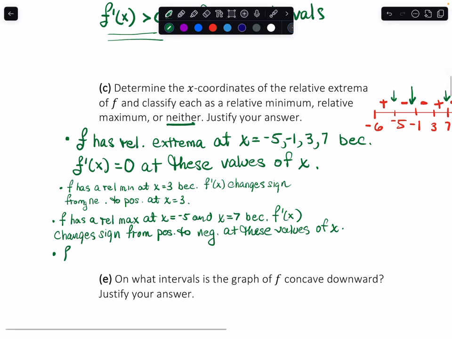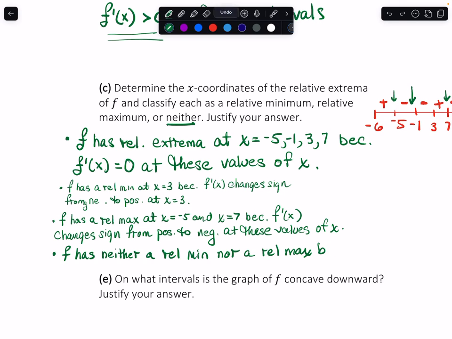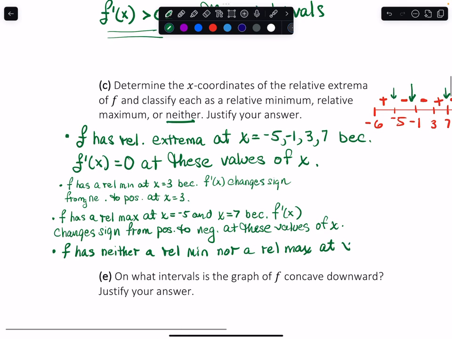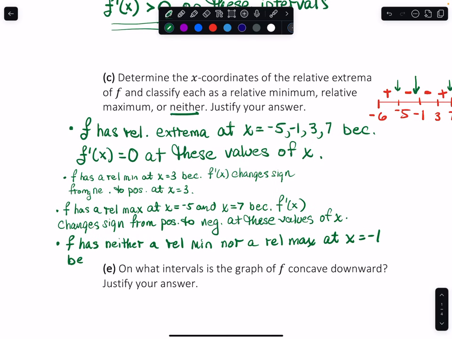So f has neither a relative min nor, this is a lot of fun, a relative max, because at x equals, I got to say the x value, right? So at x equals -1, because f prime of x does not change sign.